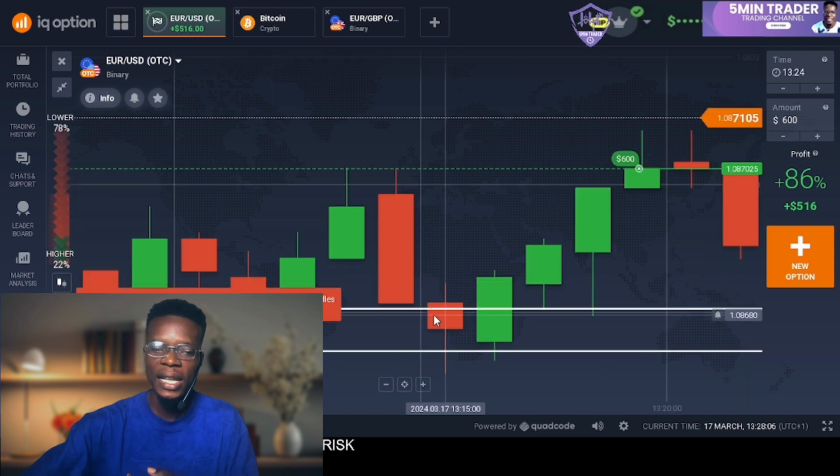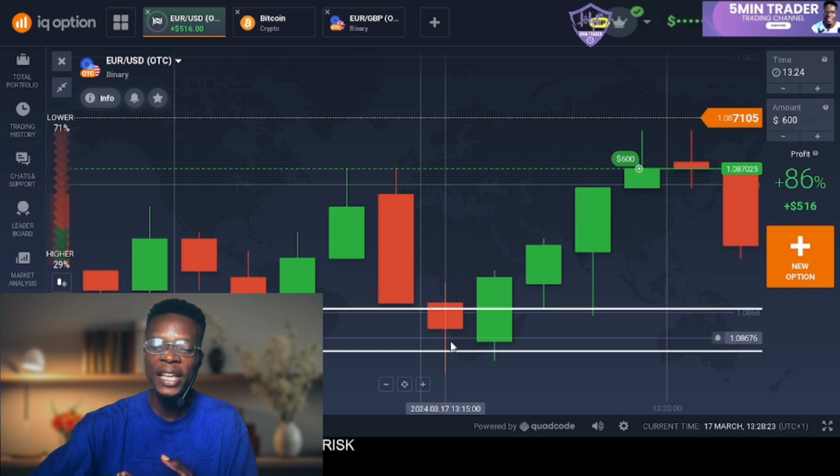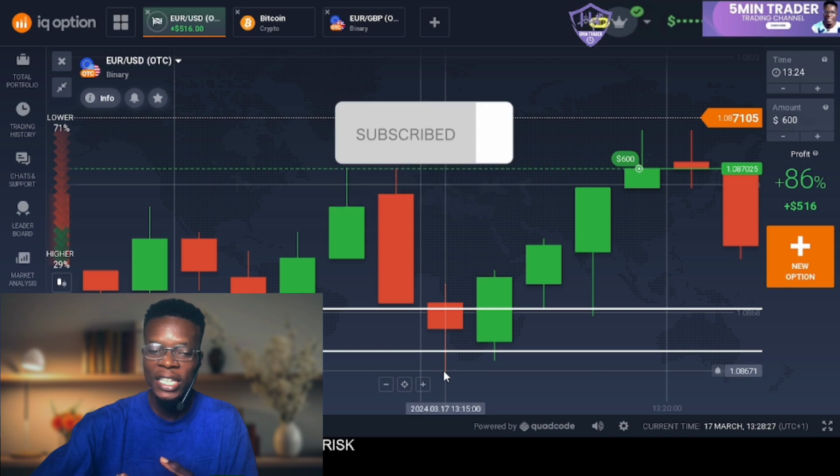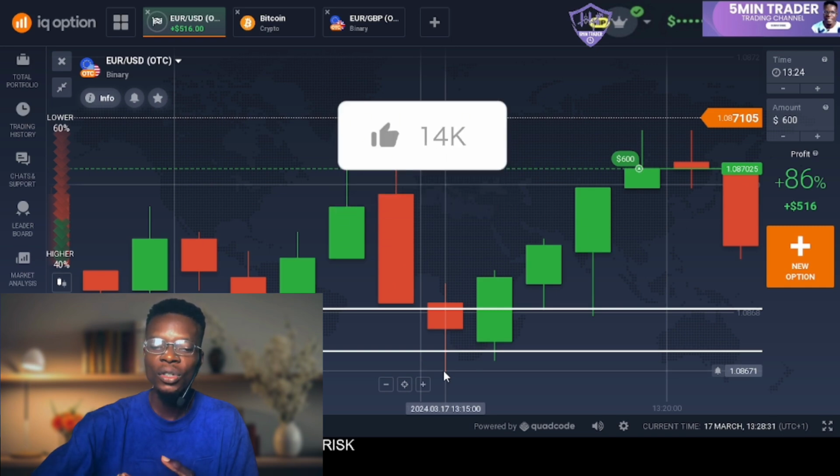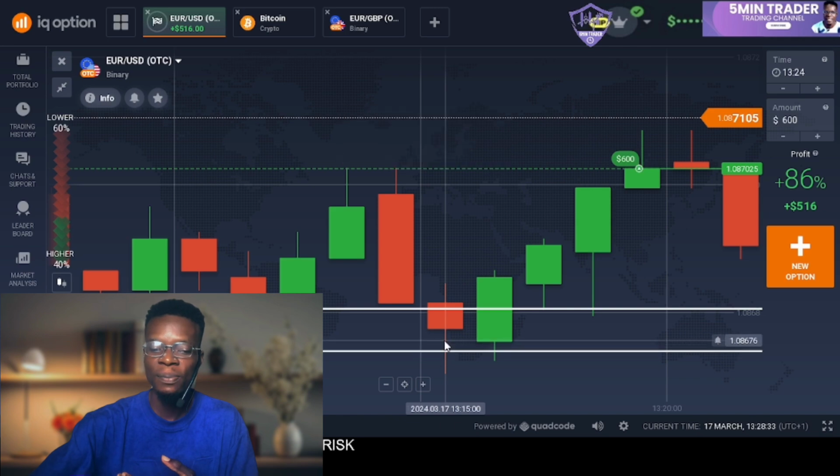So you can see that even though this is a red candle, the price opened over here and went in favor of the buyers till this level, and then the sellers stepped in and pushed the price all the way down to this previous level, and the buyers stepped in again and pushed the price all the way up from the levels that the sellers pushed it to, and it closed over here.